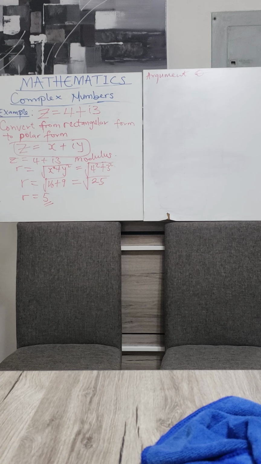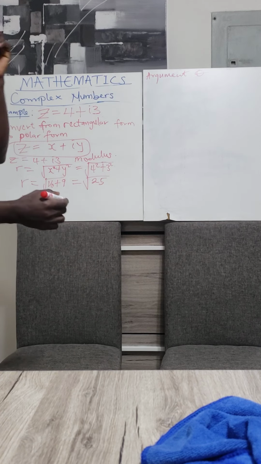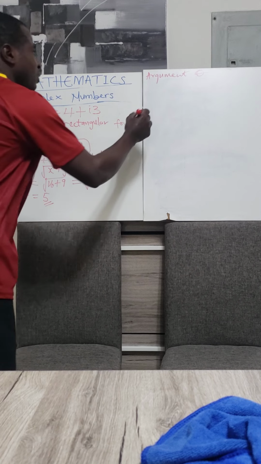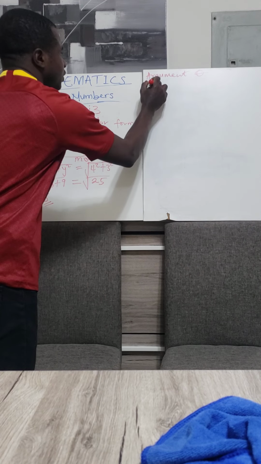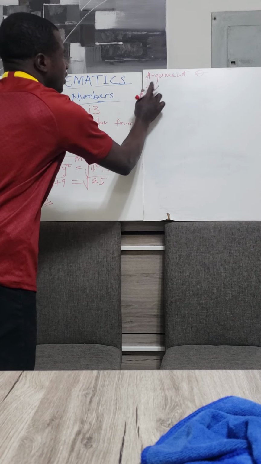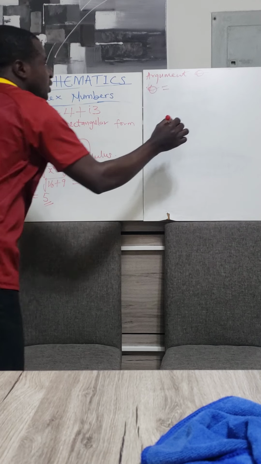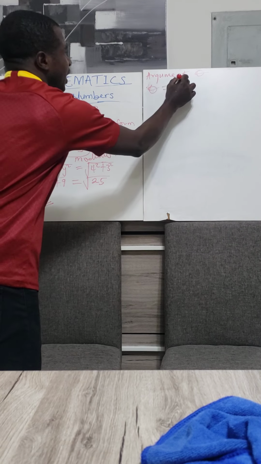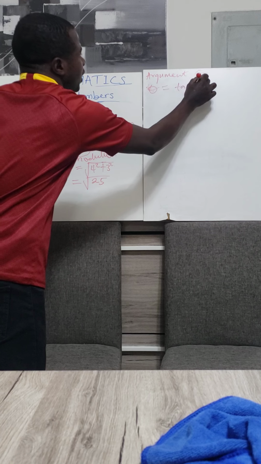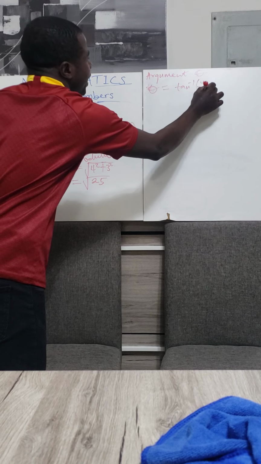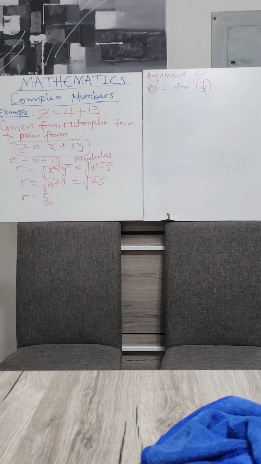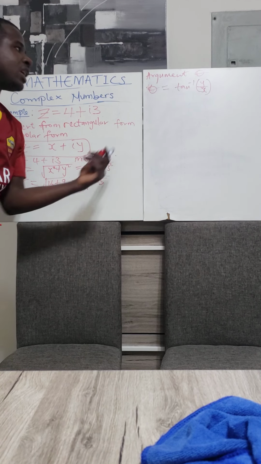After finding the modulus, the argument, angle theta, is the second thing. How do we get our angle theta, the argument? Theta is calculated as tan inverse of y divided by x.